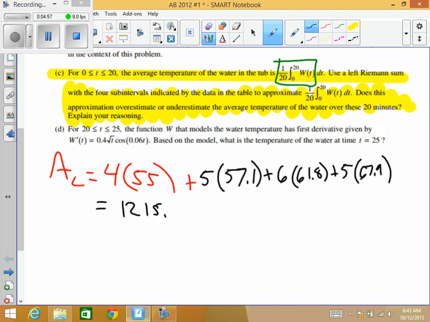1215.8. So that gives us our approximation of the area using left-hand rectangles. We have to multiply that by 1 over 20 to get the average value.